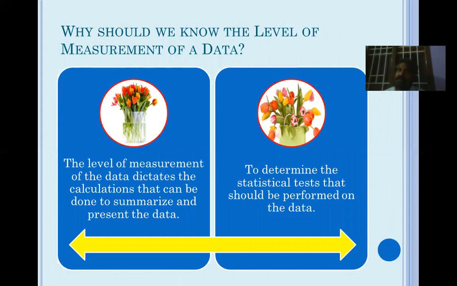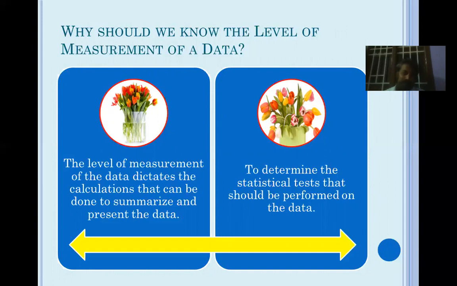Another question is, sir, why should we bother about these levels of data? It's very simple. Understanding these levels of data will help you decide what kind of statistical tools you can apply on this data. So knowing the level of measurement will help you finalize what statistical tool you can apply.